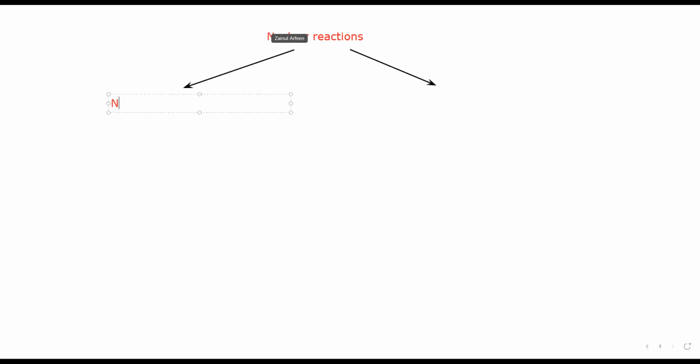In a nuclear fission reaction, a heavy nucleus breaks down into lighter ones with the help of a neutron, and it should be a slow neutron, not too fast. Why? Because if it is too fast, maybe it will pass from one end to the other. That's why it should be a slow neutron.